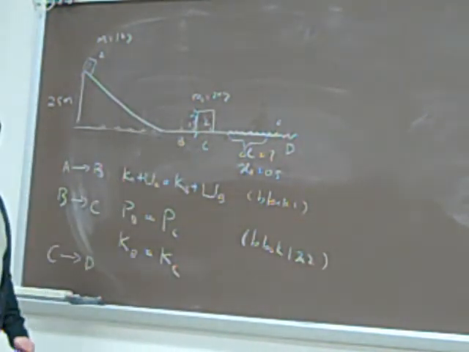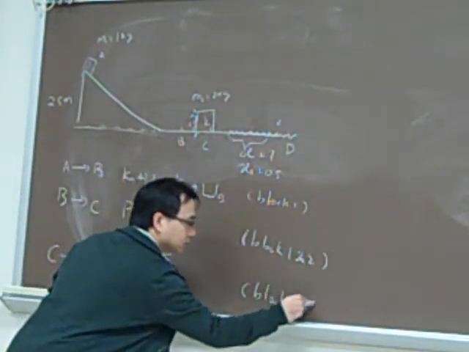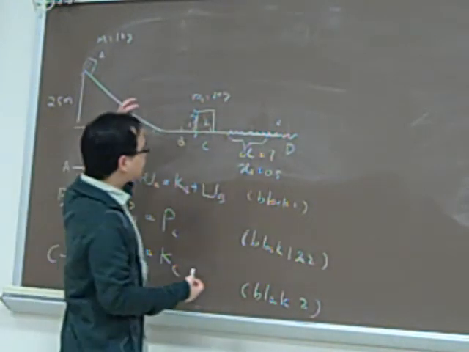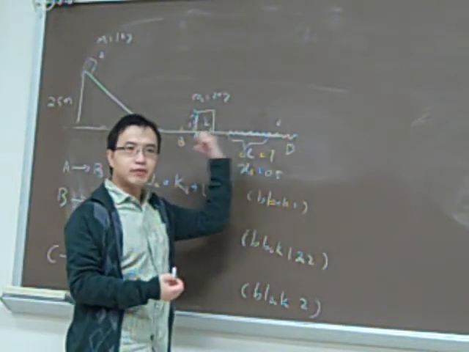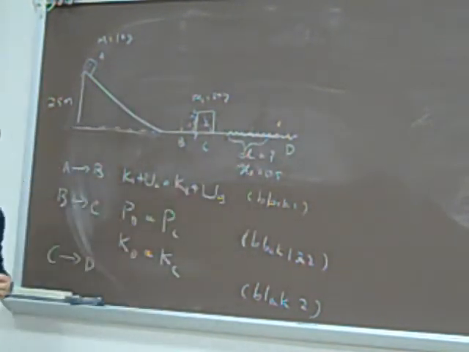And for C to D, you are considering block 2 only, right? That's also something you better put here. So for C to D, what kind of equation can be used? So block 2 is slowing down and finally stopped by the frictional force along the surface. What kind of equation should be used here?